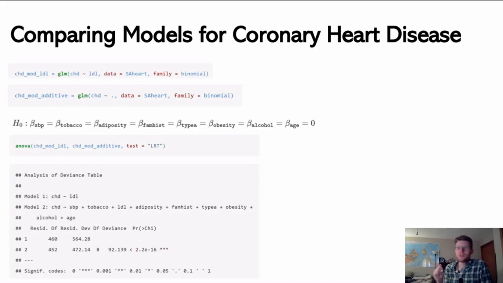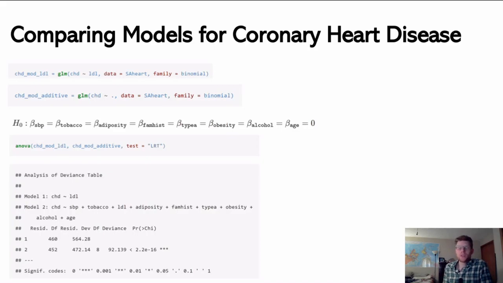This is the lowest p-value that R reports in a summary table, meaning I have very strong evidence that at least one predictor here is contributing to this model, that I'm explaining a lot more of the variability in coronary heart disease likelihood by having this information added into the model.